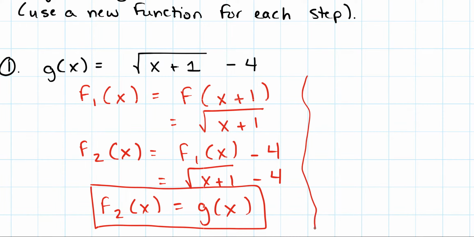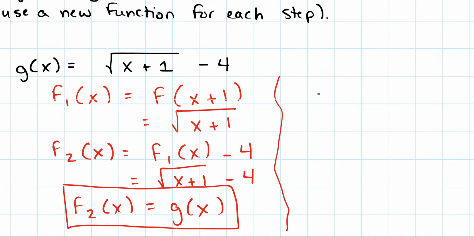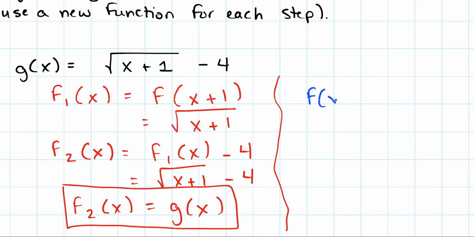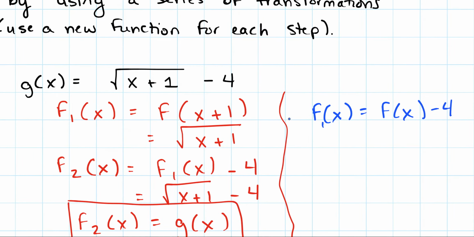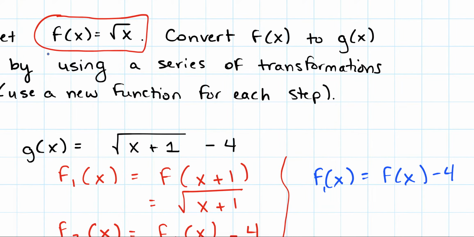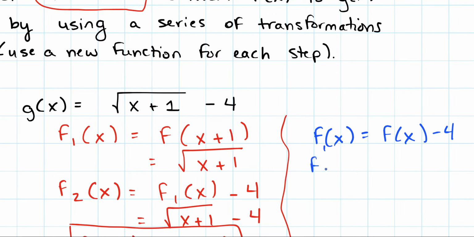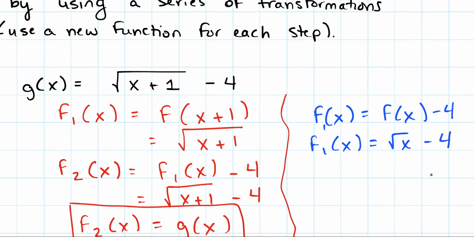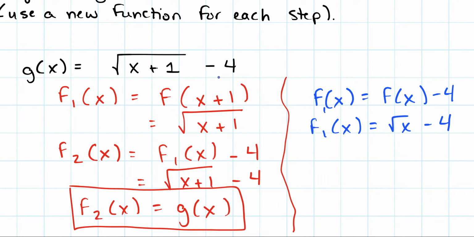A second way to do this is you could define the first function, f1 of x, as f of x minus 4. Okay, so here is f of x. So f1 of x would be the square root of x minus 4, which takes care of the -4 first.